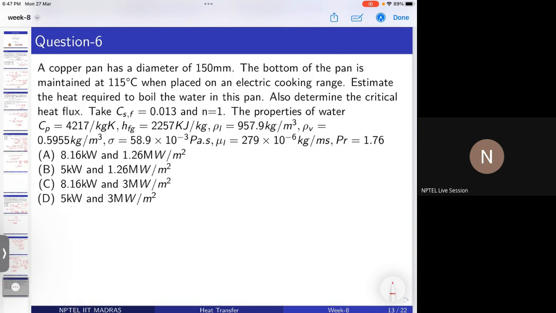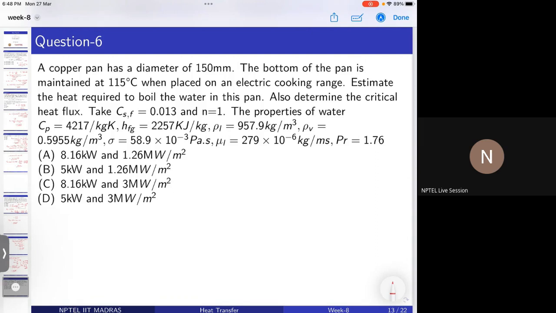Are you aware of that? This is a famous correlation. I think it's Rosenow. Yeah, it's the Rosenow correlation. You have to use that correlation. The correlation is not given here, so I will write Rosenow's correlation for you to calculate.